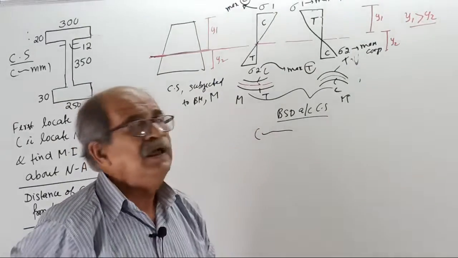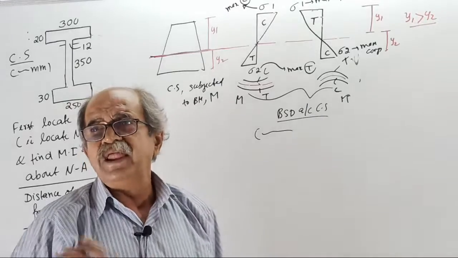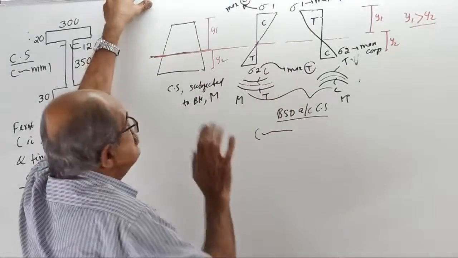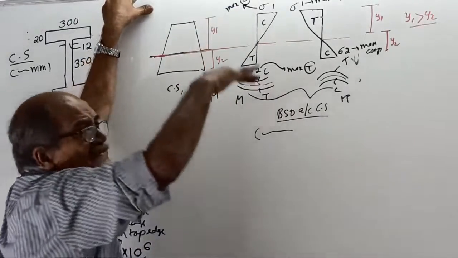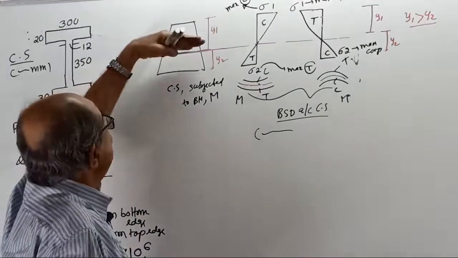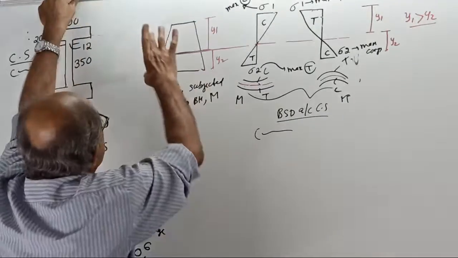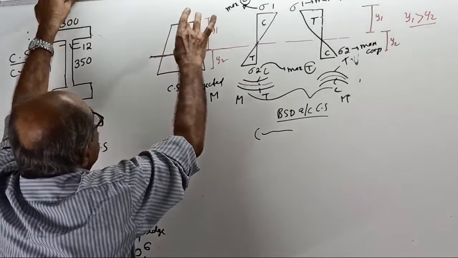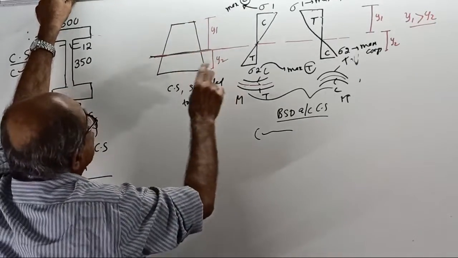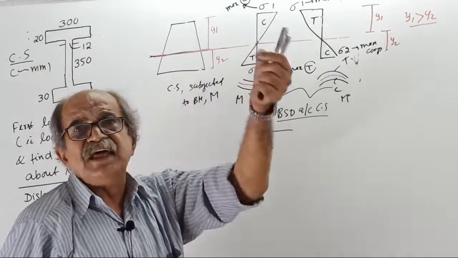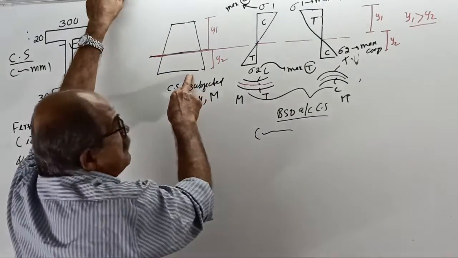After the class is over, go through the class and slowly write it. See, if y1 is more than y2, then the neutral axis is somewhat down. That is, if you come to mid height, it will come below the mid height. Suppose the height is 400, it will come at more than 200. In that case, the topmost fiber will be at more distance than the bottommost fiber.